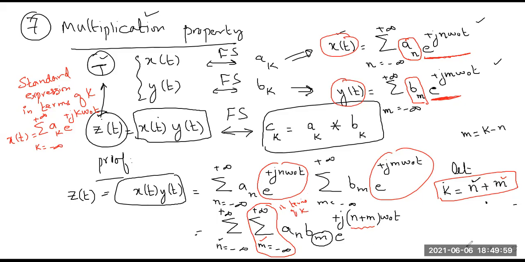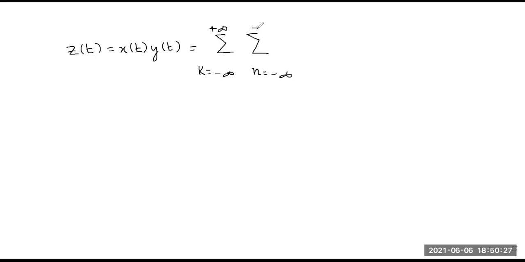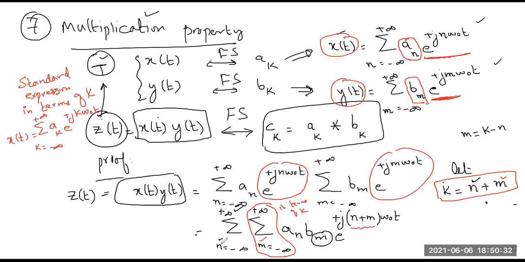So let me move to the next slide. So z of t, which is actually the product of two signals, x of t and y of t, is going to be represented by the sum over k from minus infinity to plus infinity. The other summation is with respect to small n. Okay, so this is the same one, and now this is replaced in terms of k.